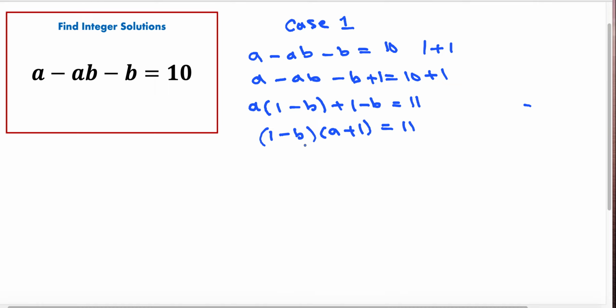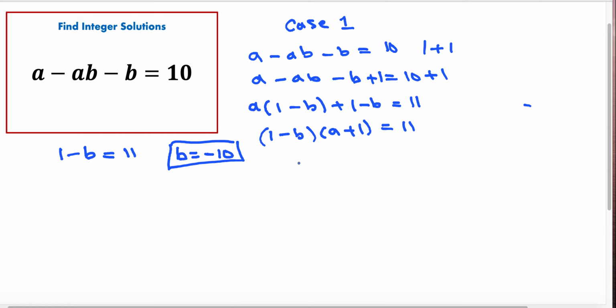And now in the first case, I'm going to take 1 minus b is equal with 11. Adding minus 1 to both sides, it turns out minus b is equal with 10. But when I multiply by minus 1, b is going to be equal with minus 10.